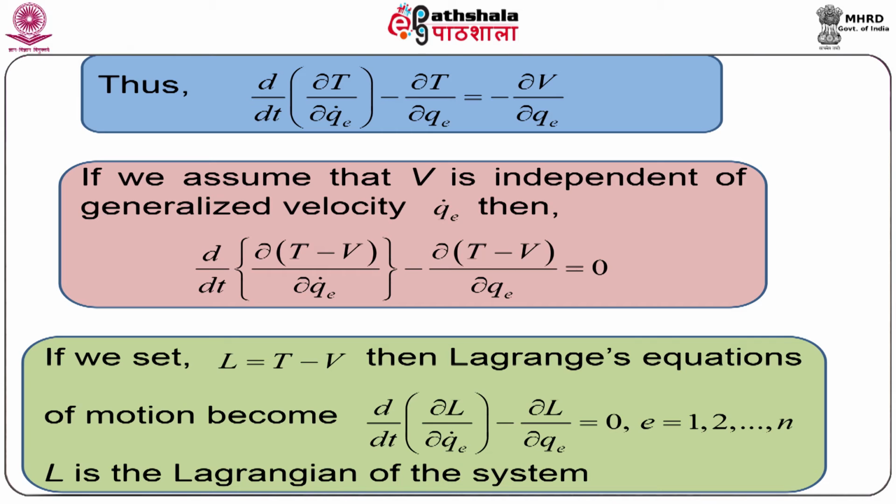This equation holds for e equal to 1, 2 up to n. L is the Lagrangian of the dynamical system, which is the difference between the kinetic energy and potential energy of that system.